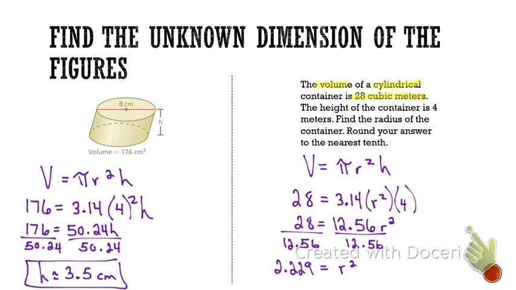All right, and now in order to solve for r, if you remember in the last chapter we learned how to get rid of this exponent, take the square root. So if we take the square root, 2.229, let's see, there's my square root. It's about 1.49 or 1.5. Okay, so r is approximately 1.5 meters. Okay, and you can see here in these directions it said round your answer to the nearest tenth.